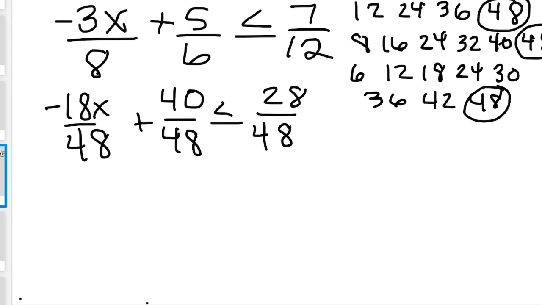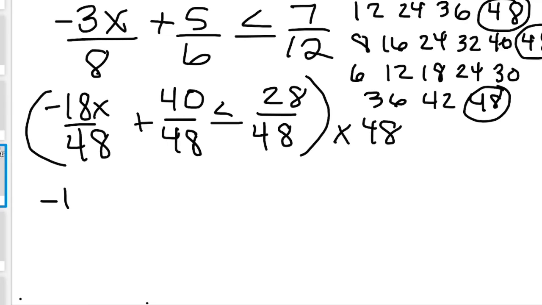Once all of your fractions have the same denominator, that means every single one of those terms are being divided by 48. We can eliminate that by simply multiplying each term by 48. So if I have negative 18x and I'm dividing by 48, and then I multiply by 48, I'm not dividing anything.